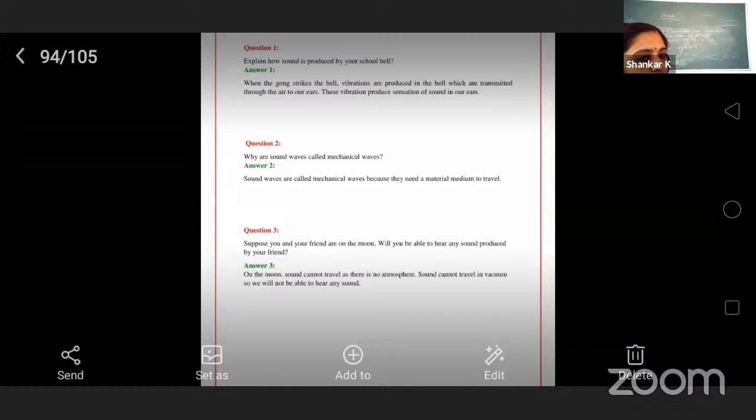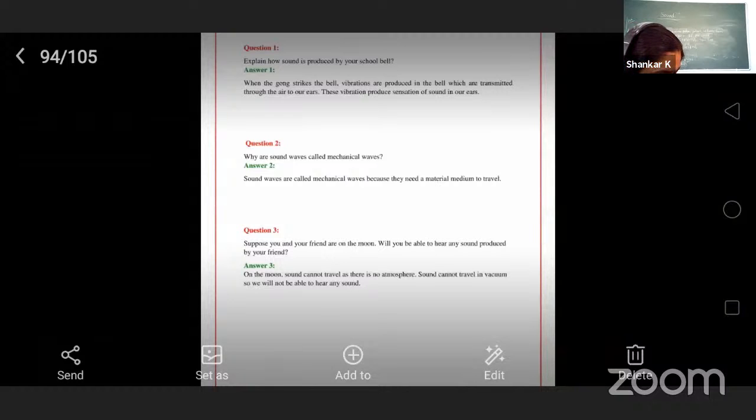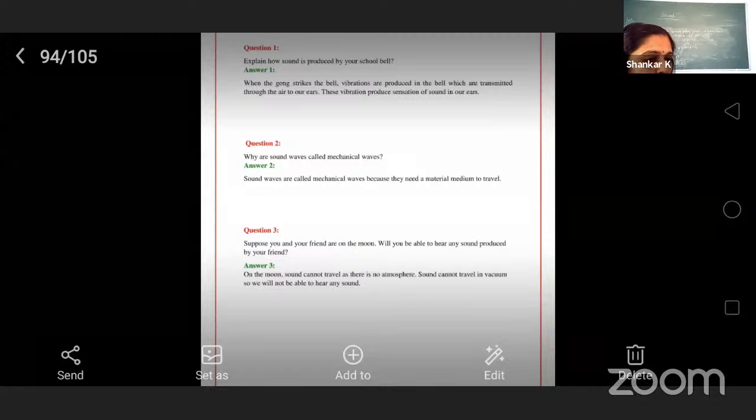These vibrations produce the sensation of sound in our ears. Why are sound waves called mechanical waves? Sound waves are called mechanical waves because they need a material medium to travel.